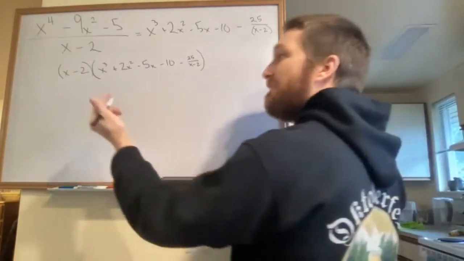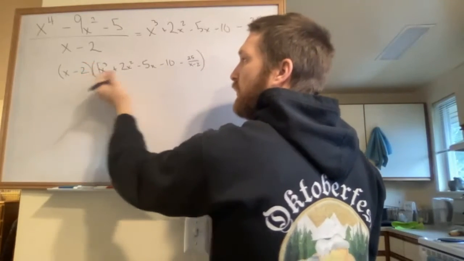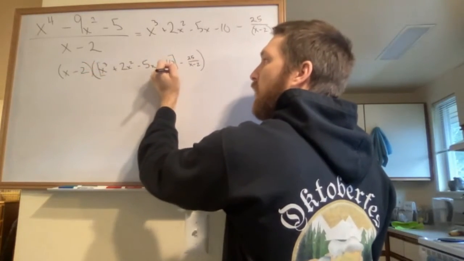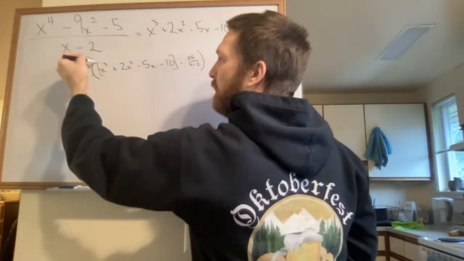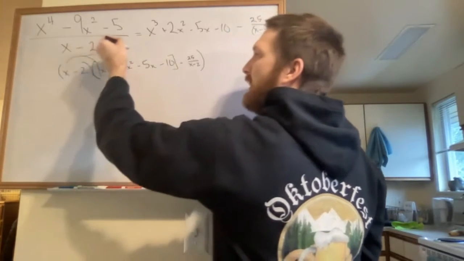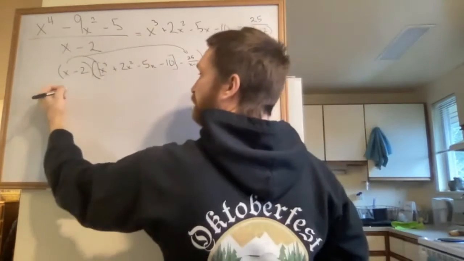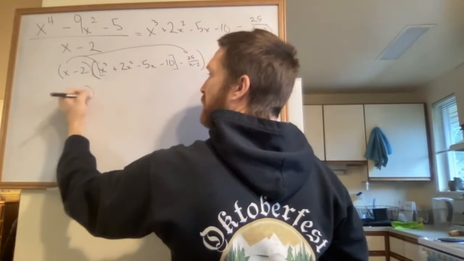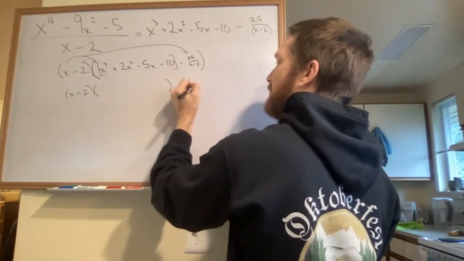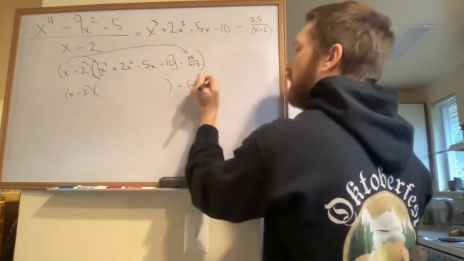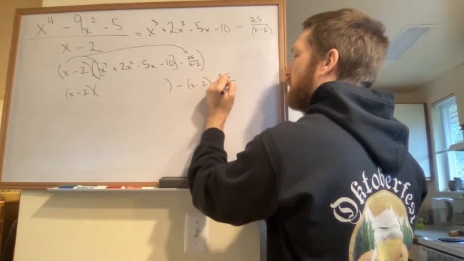So the first step I'm going to do is distribute this into this one number and then into that one number right there, to give me x minus 2 times that polynomial part minus x minus 2 times this last part, which was 25 over x minus 2.